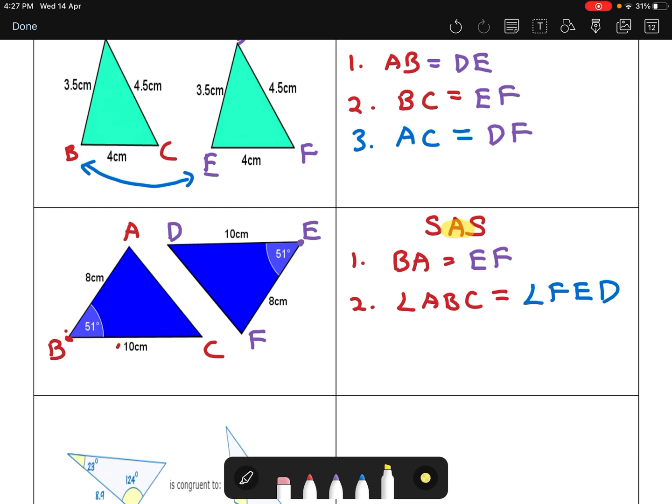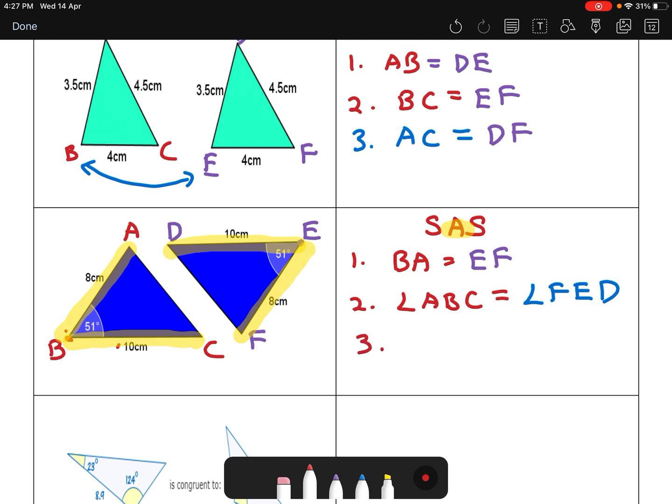Because I start from A, I go through the length of 8 cm first, then until I reach B, I go to the length of 10 cm. For the second triangle, I must do likewise. From F, I go through the length of 8 cm, and after that I reach E, then I go to D of 10 cm. So it's FED.